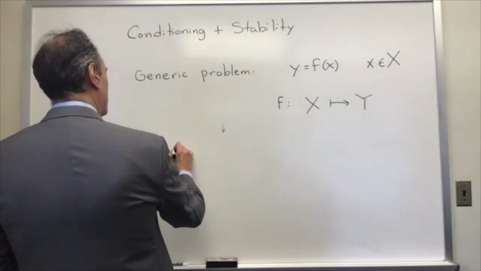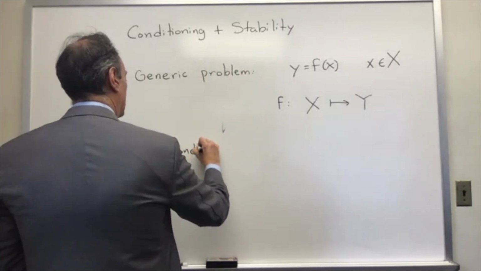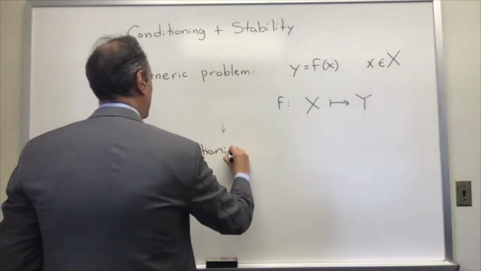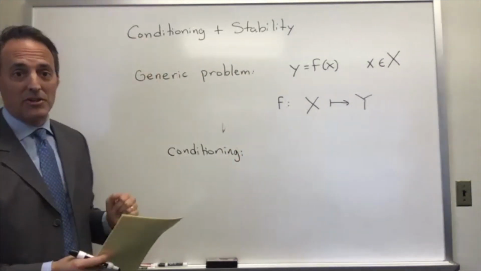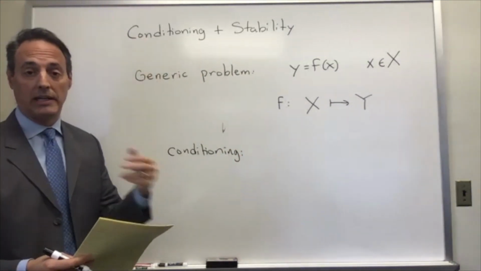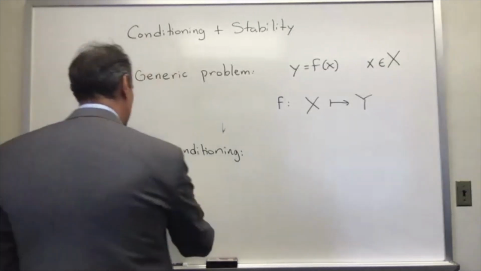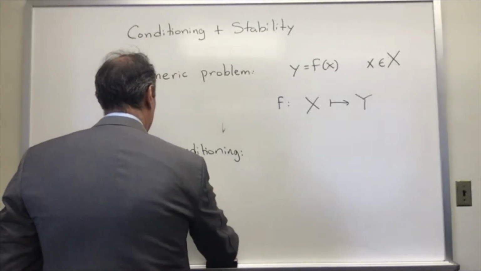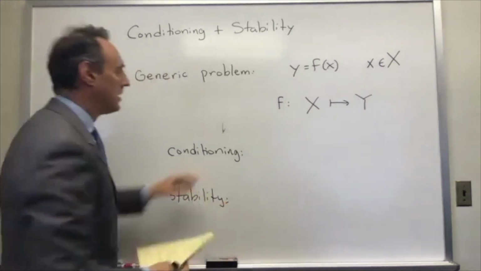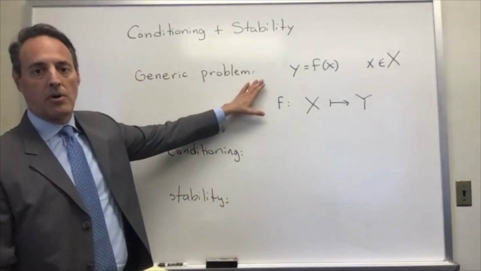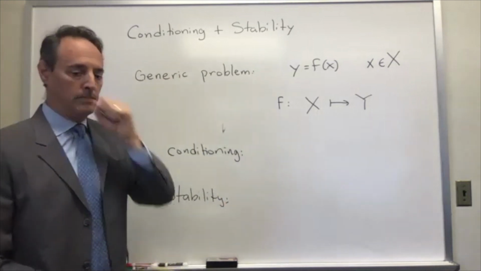One point of view is the idea of conditioning, which is part of the title of these 3 lectures, and the other is the idea of stability. I want to define these 2 concepts in relationship to this problem right here.